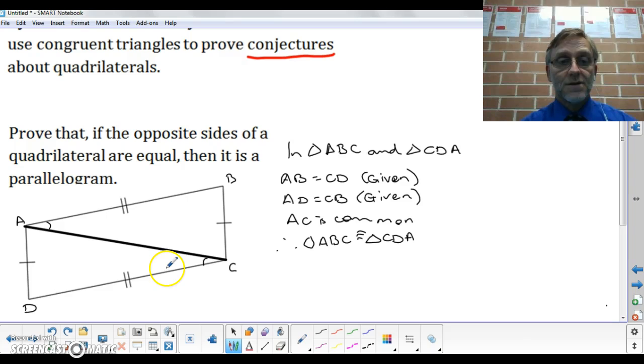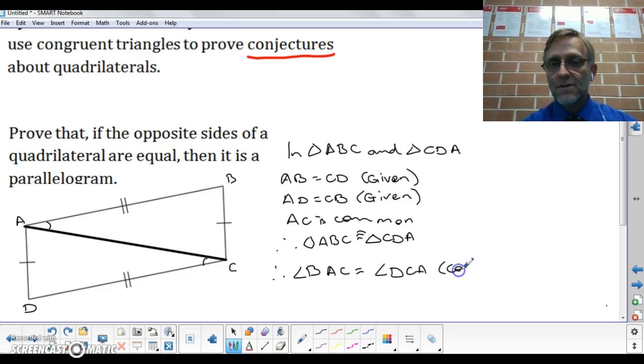So I know those two triangles are congruent. So I know that this angle in the bottom triangle is equal to this angle in the top triangle because they are corresponding angles. So I can say, therefore, angle BAC is equal to angle DCA. The reason I know that is that corresponding angles in congruent triangles are equal.